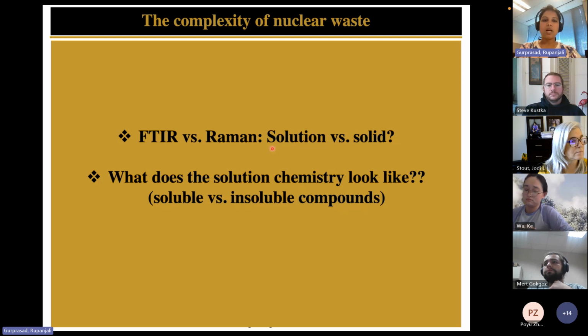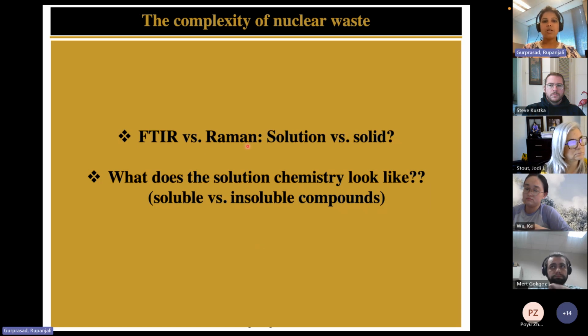The second question was, how would the solution chemistry look, because now we're adding some solids to a very alkaline, very basic solution. So one of the questions that we had early on was, is there a particular component that maybe dissolves, or has some partitioning between the solution and the solid phase? So we wanted to be able to classify the GFC components into soluble or insoluble species.